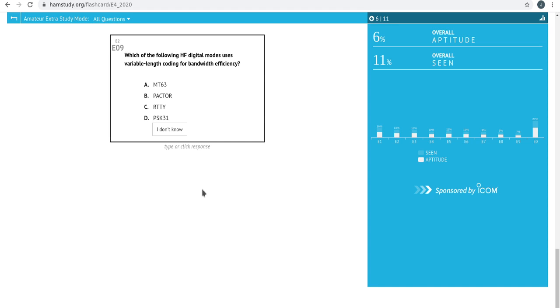Variable length, baud length. Pactor? B? It's just a guess. Nope. I'm thinking it's actually RTTY. Oh, PSK31.